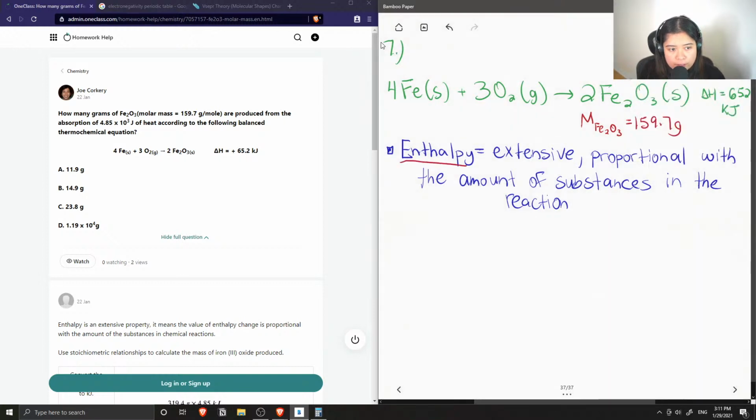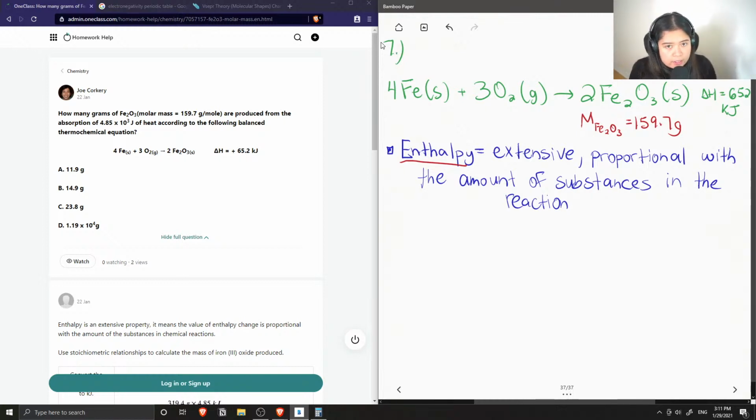This will help us answer our question because we have a balanced thermochemical equation and we know that enthalpy is proportional with the amount of substances. Then we can solve for the grams of iron oxide that are produced.